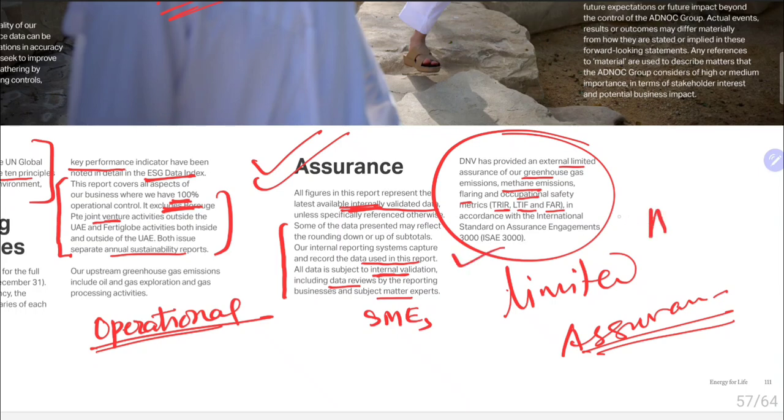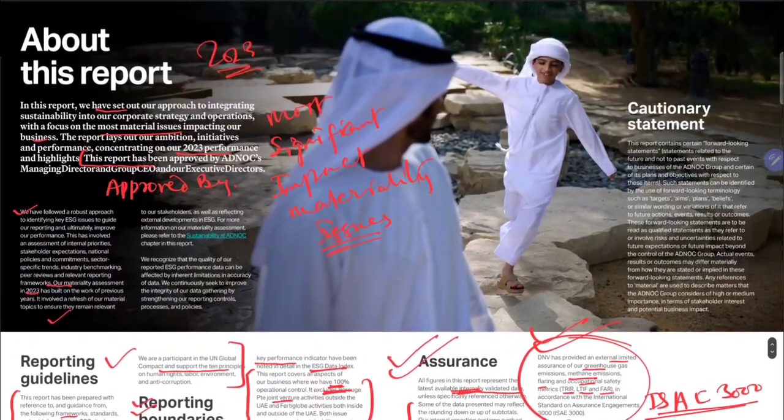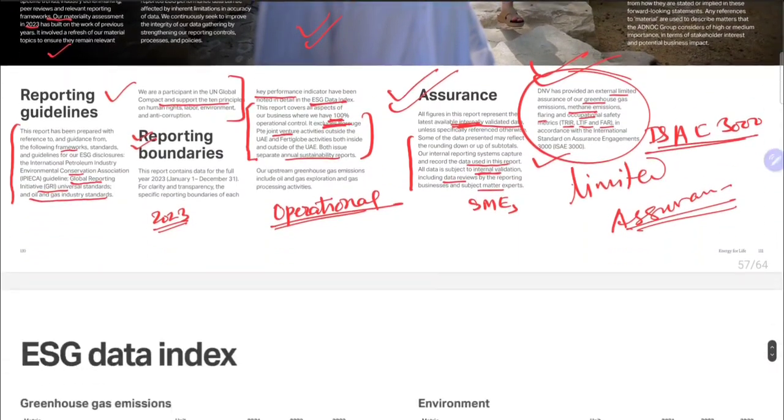So the ISAE 3000 standard was used to conduct this limited assurance. For all the students who have an interest in ESG reporting, sustainability reporting, who want to develop their career in reporting and audit and assurance, they need to read this page very carefully.